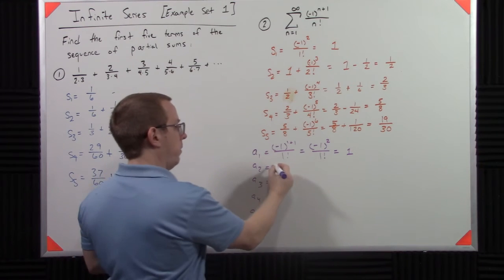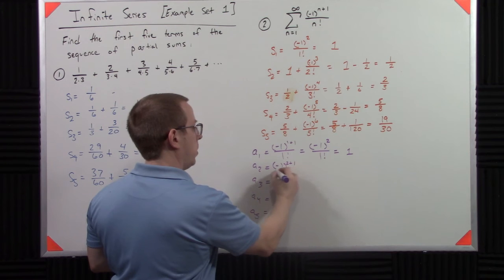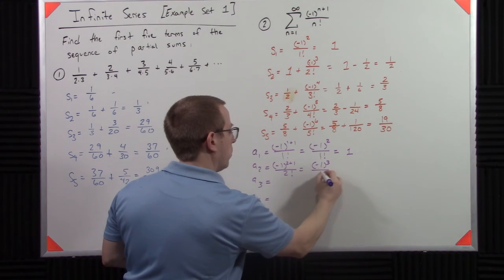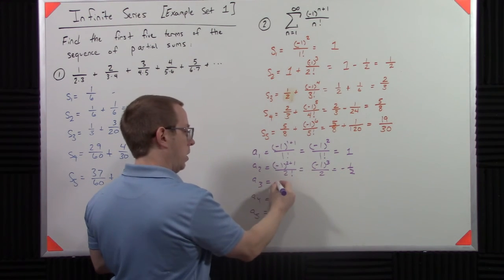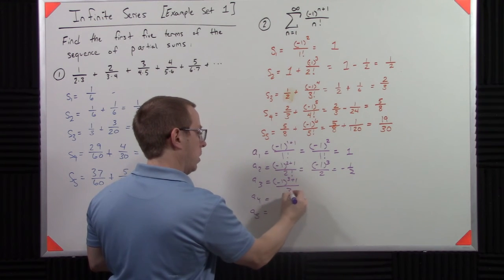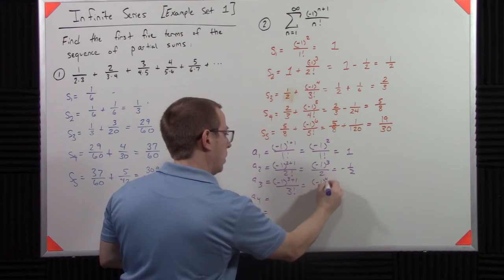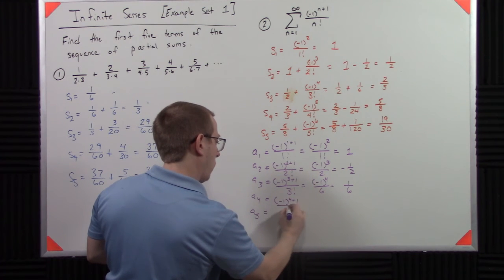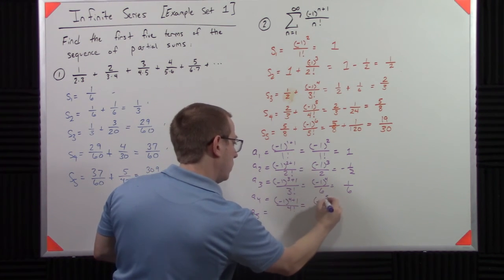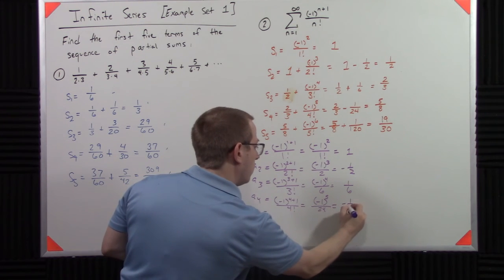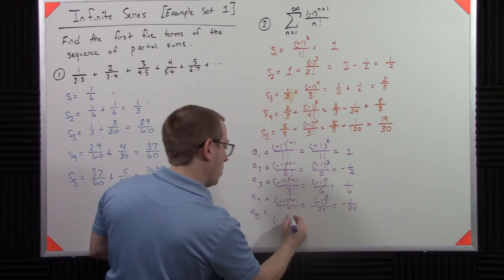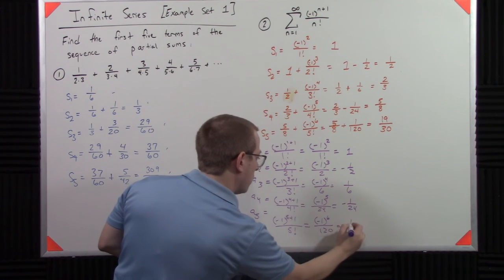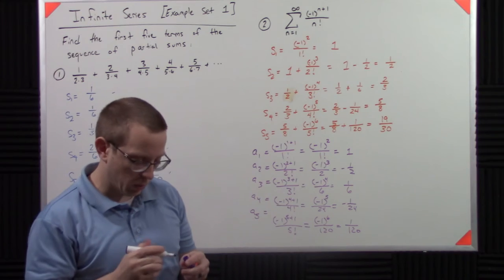So I would have got 1 there, and then negative 1 to the 2 plus 1 over 2 factorial, negative 1 cubed for 2. Sorry, I wasn't talking there, just sort of writing.